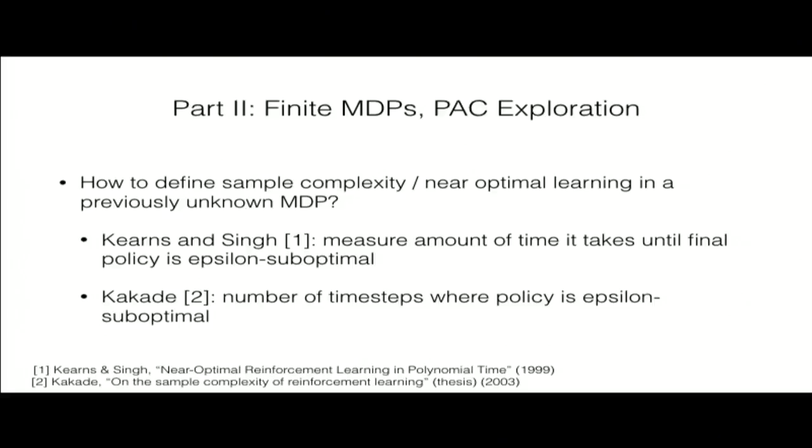So there are two parameters, and you want an algorithm such that with high probability, it's epsilon suboptimal as fast as possible. Question?